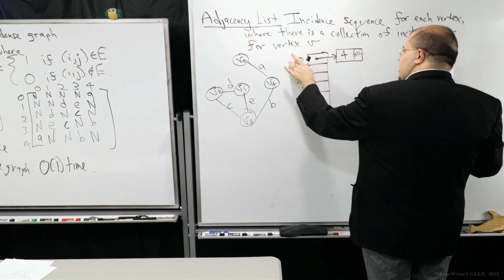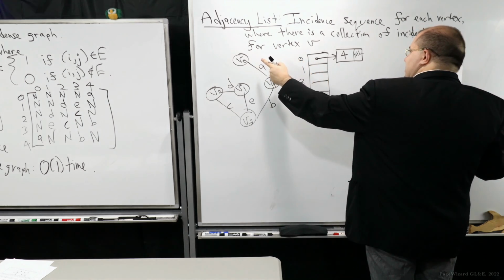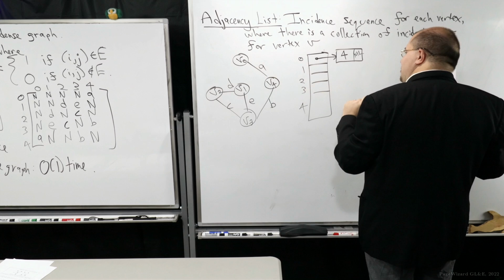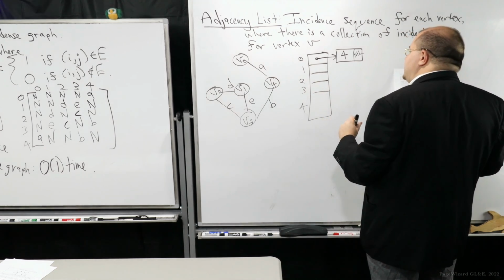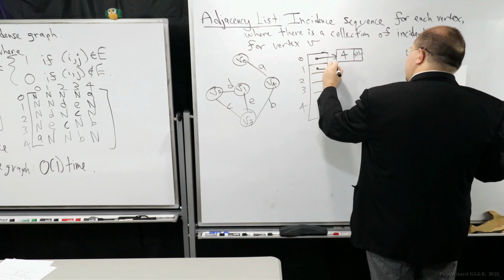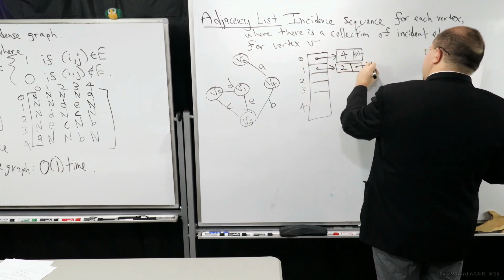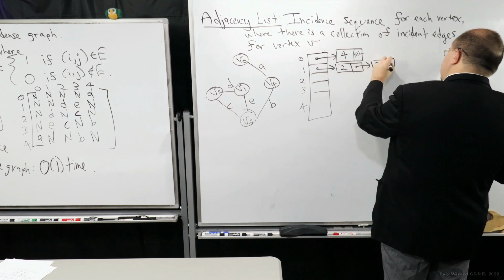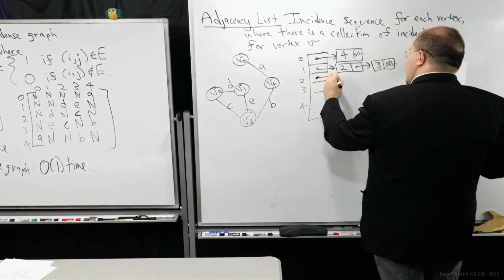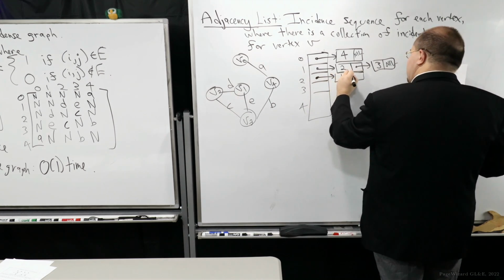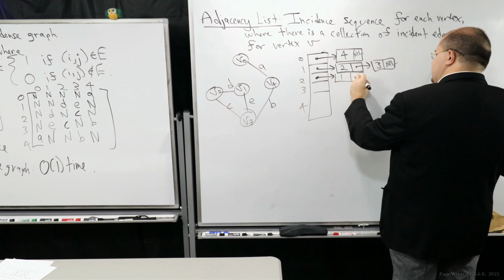For example, if I look at vertex 0, there is 4, one of its neighbors. It's one of the adjacent vertices to V0. Likewise, if I look at V1, it's 2 and 3. Likewise, vertex 2 just has vertex 1 and vertex 3.